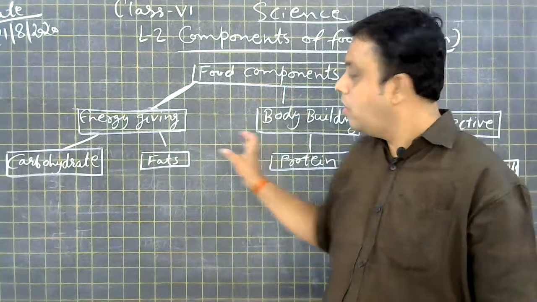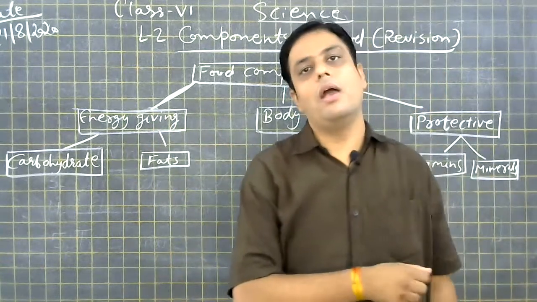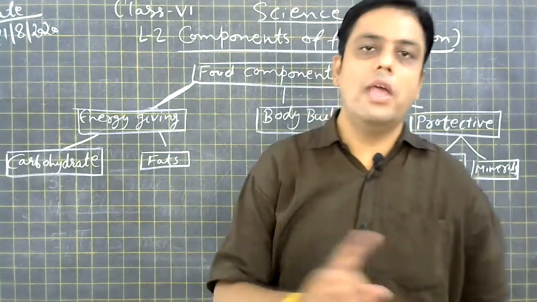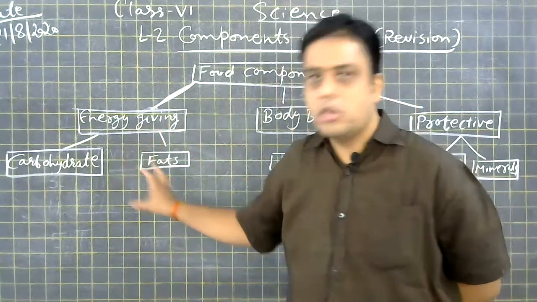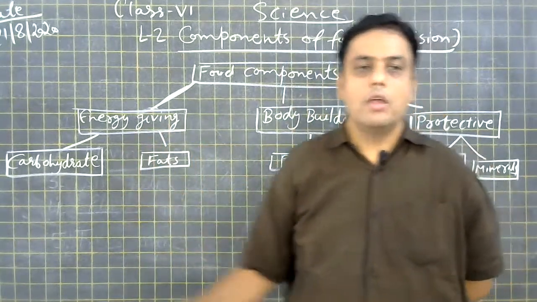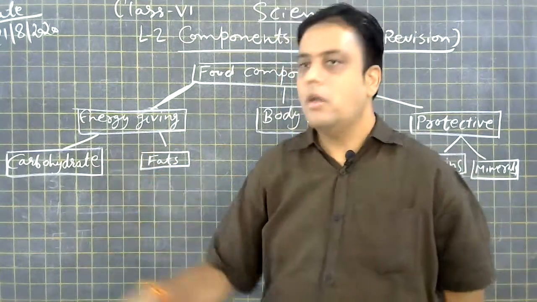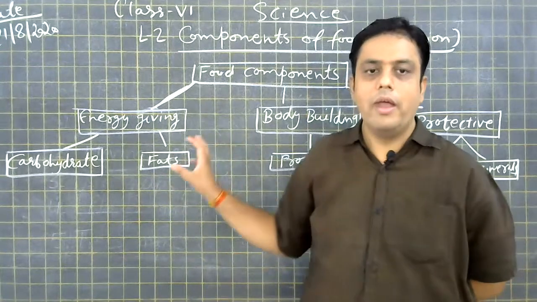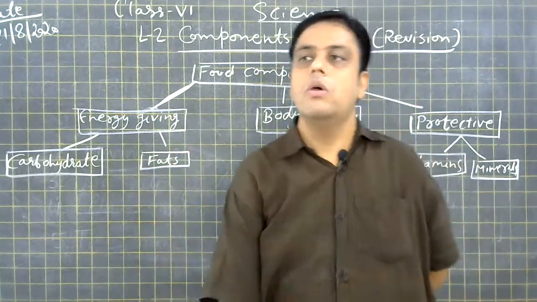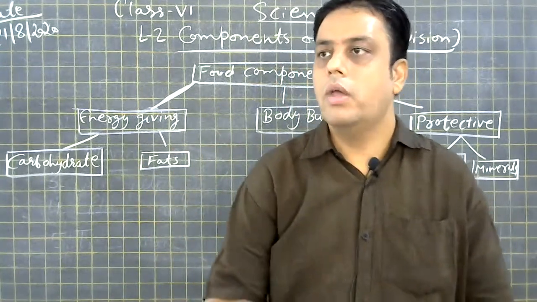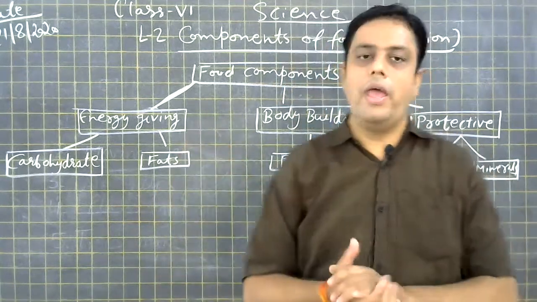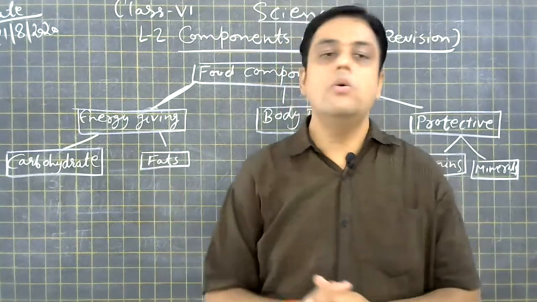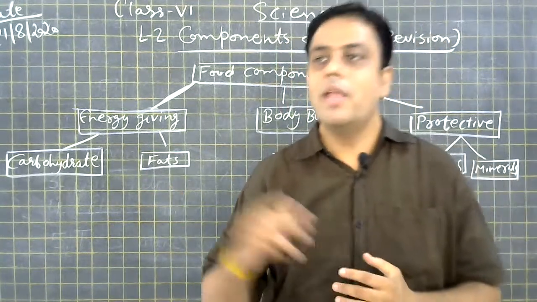Fats have more energy than carbohydrate, almost double. In comparison to carbohydrate, we get almost double the energy from fat. So what are the examples of fats?